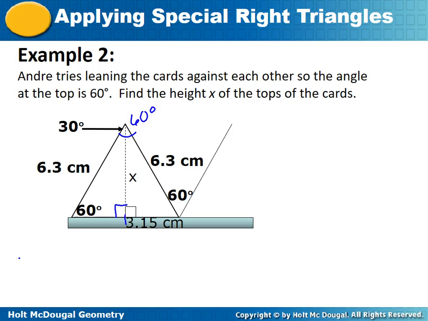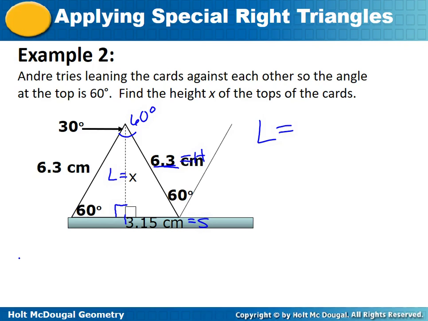And if this over here was 3.15, and this is 6.3 right here, this is our hypotenuse, right? This is going to be our short leg. So this should be our long leg. So we're going to solve for the long leg. I'm going to do this up here on the right so y'all can see it better.